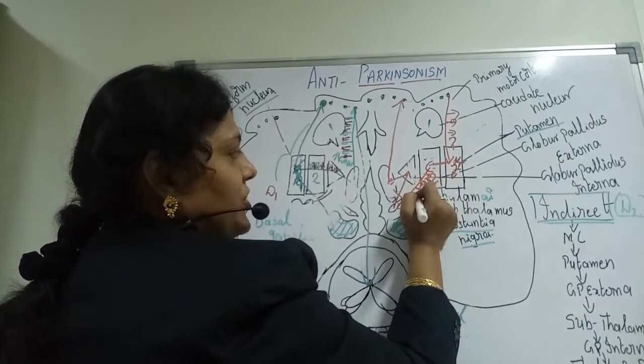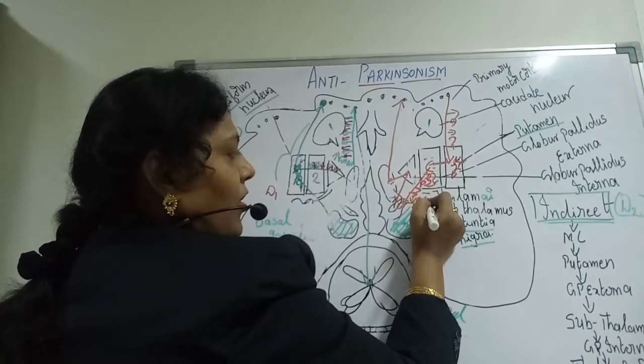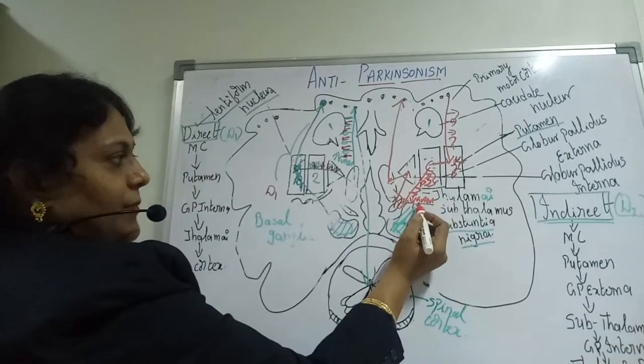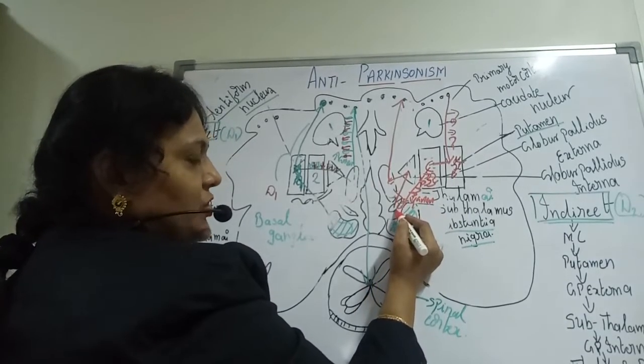Why? Because these are GABAergic neurons, so there is less release of GABA onto the subthalamus. From there it reaches the subthalamus region, where the neurons are once again stimulated.